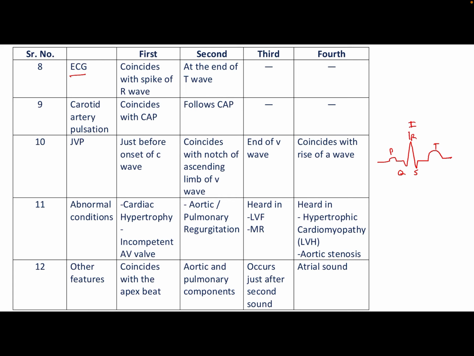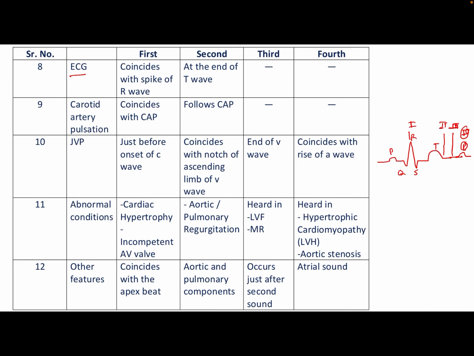Second heart sound is heard at the end of the T wave. Third heart sound is heard after T wave, and the fourth heart sound is heard during the P wave. That is the atrial contraction. This P wave, atrial contraction.